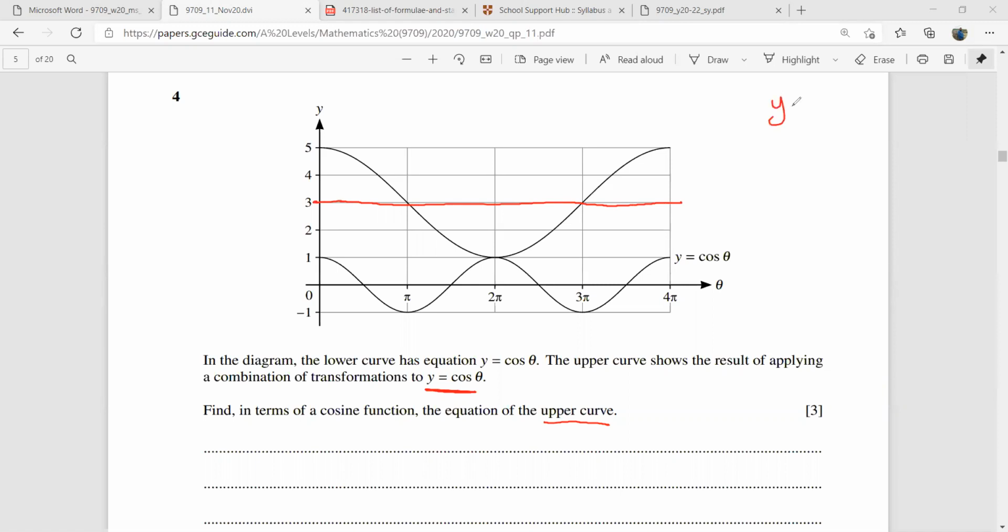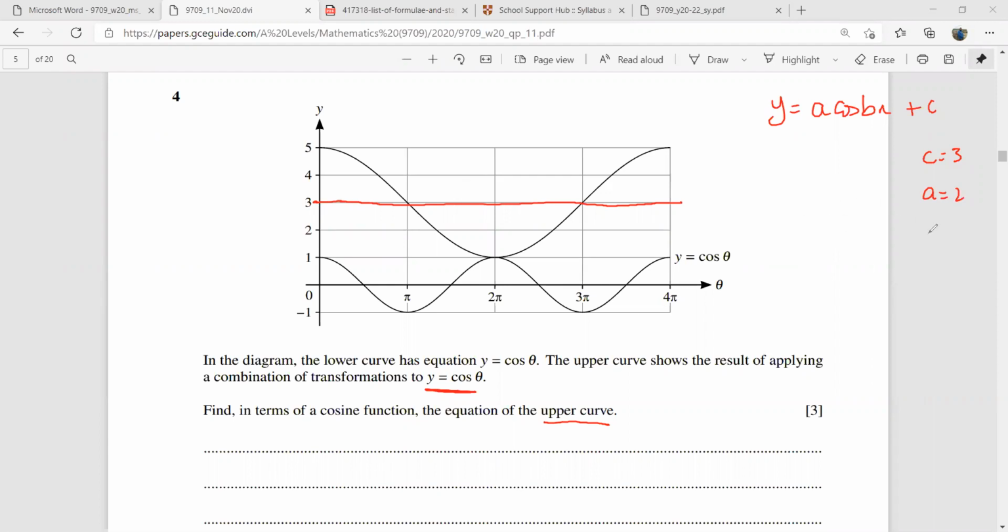So I have the equation in my mind that y is equal to a cos bx plus c. Now c is clearly 3 over here. What is the amplitude of this curve? 2. Amplitude is 2. And what is the period? 4 pi. And what would be this b then?